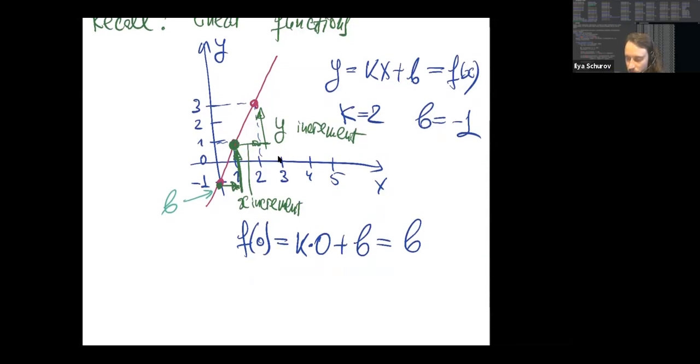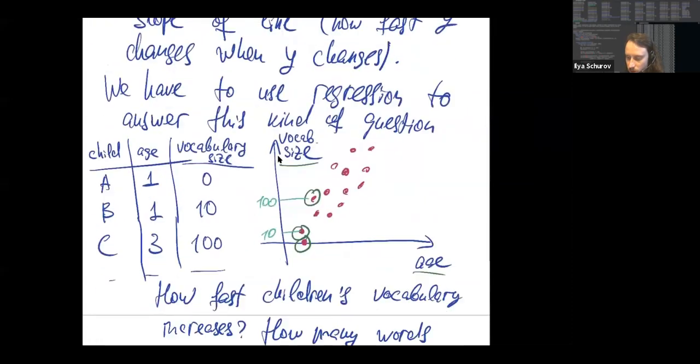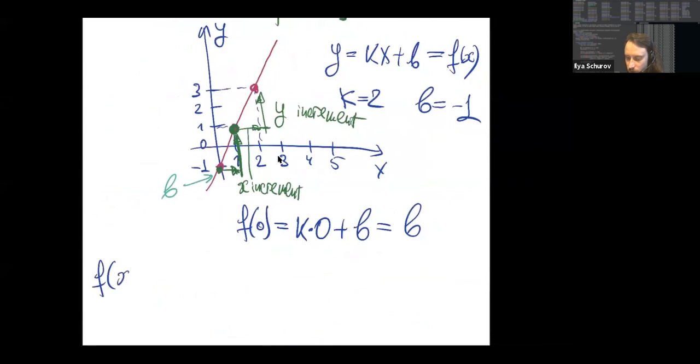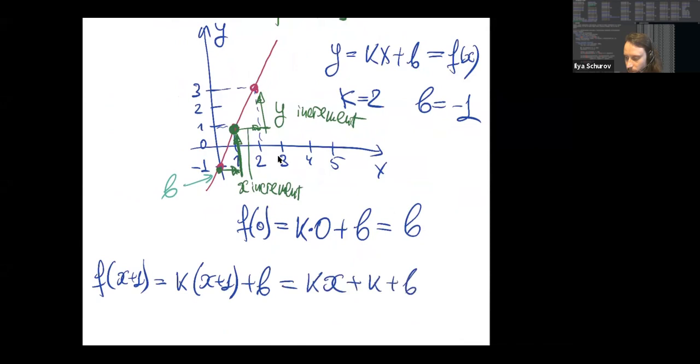And basically, if I look at the formula, I see that f of x plus 1 is equal to k of x plus 1 plus b. And then I can expand this product, kx plus k plus b. And then I can say that this is kx plus b plus k.